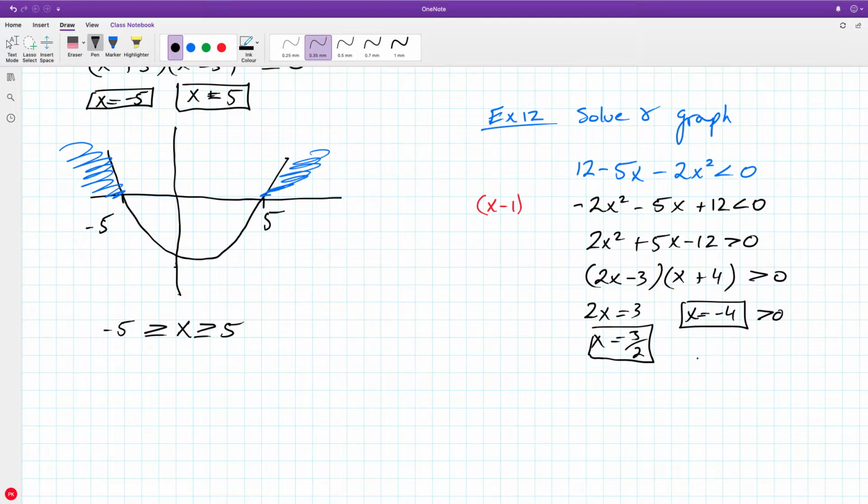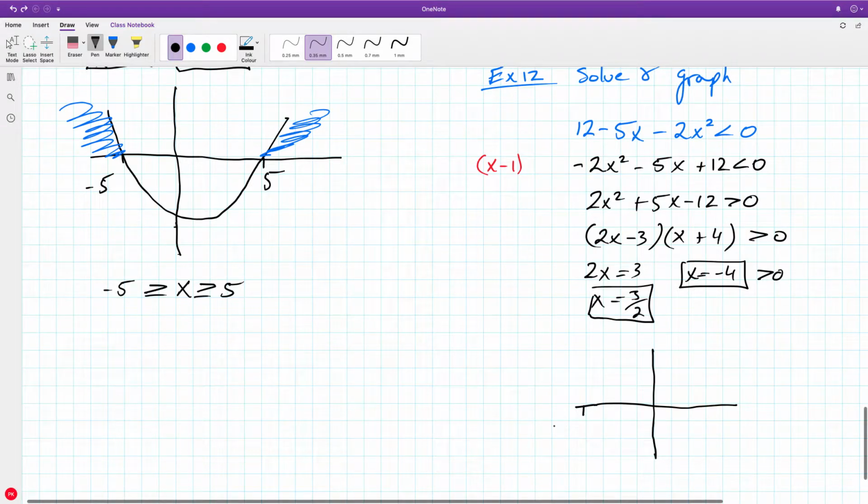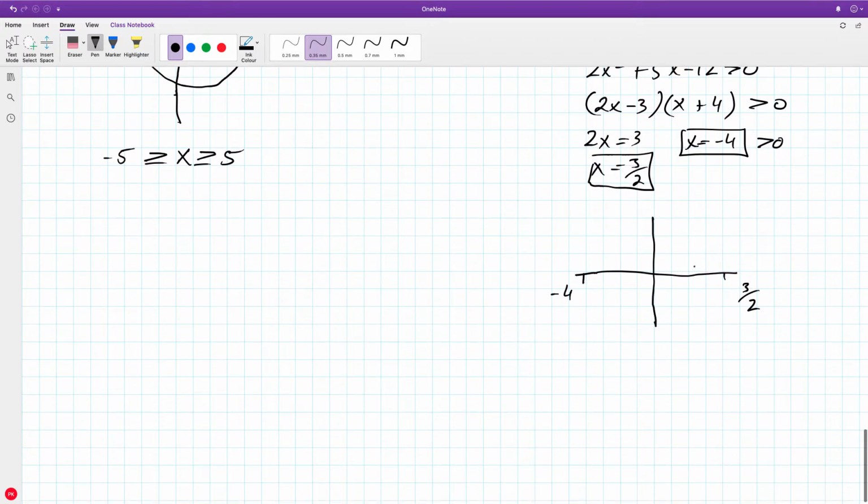Greater than 0. Draw your little graph. Minus 4, 3 over 2, U-shaped.